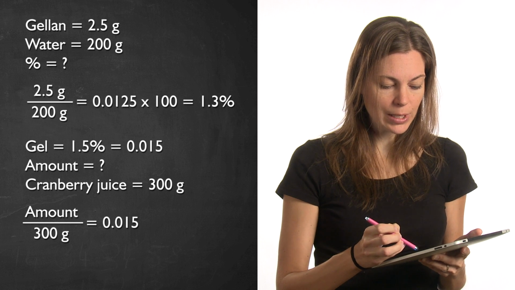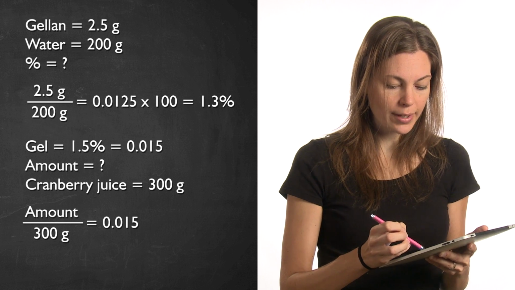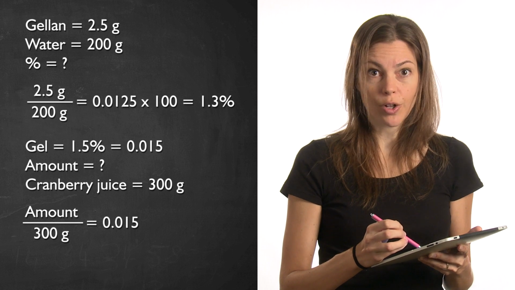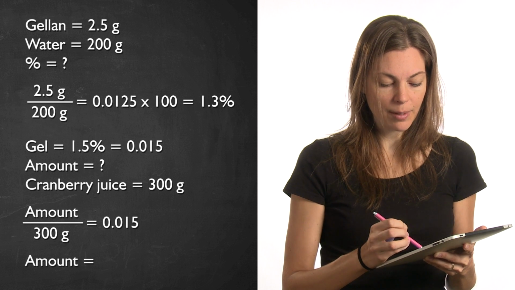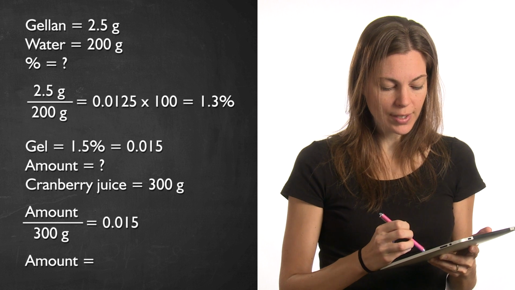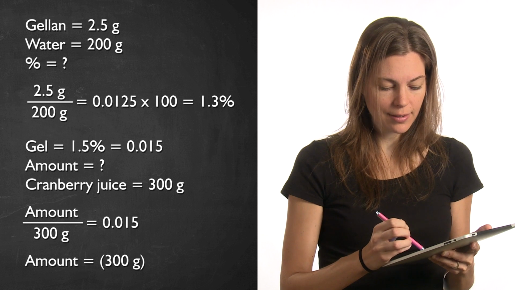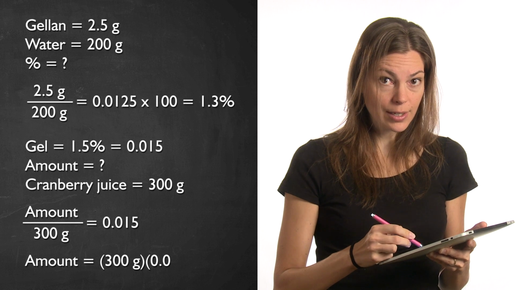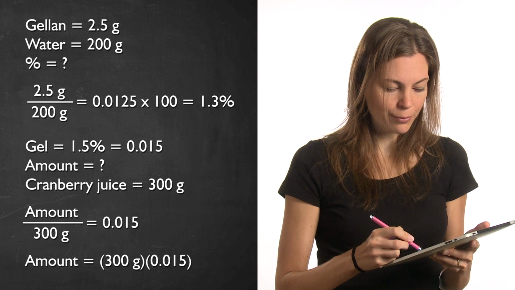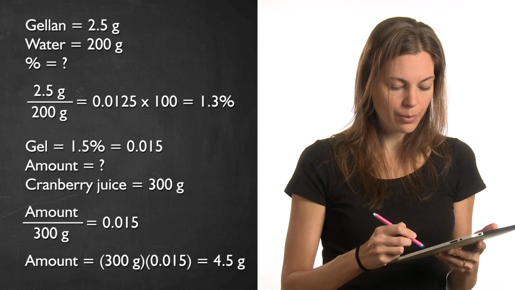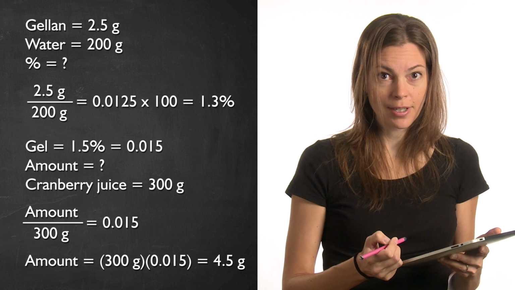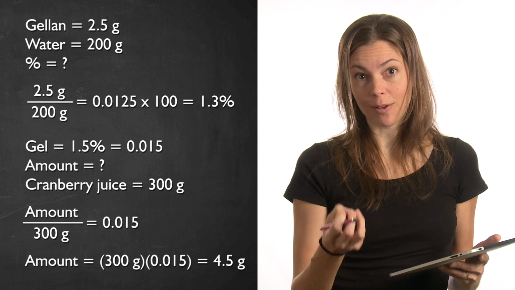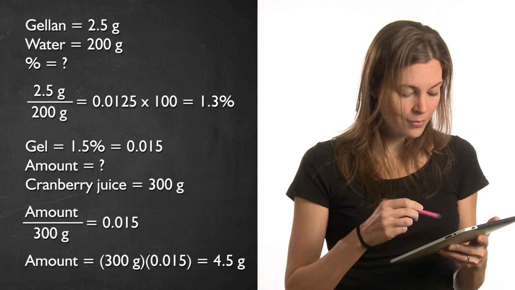So we put this equal to 0.015, and then we solve for the amount we don't know. This equals 300 grams times 0.015, which equals 4.5 grams. So that's how much agar-agar you would have to add to make this gel.